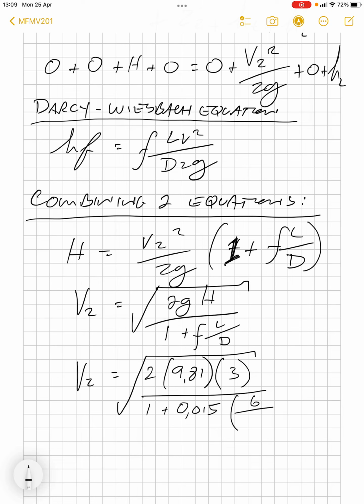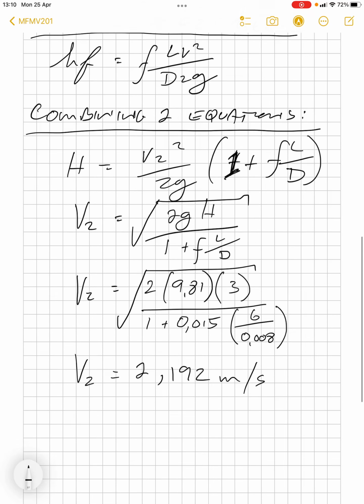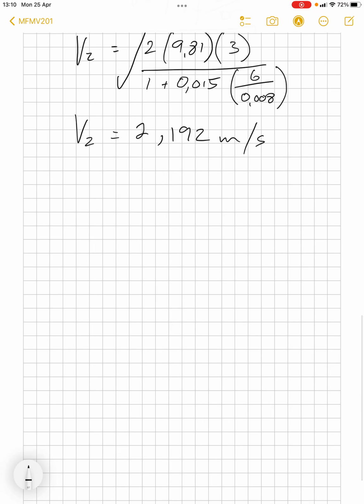The diameter is 0.008. So from there we can calculate our velocity at the exit of the pipe to be 2.192 meters per second. So that was the first thing we were asked to calculate.